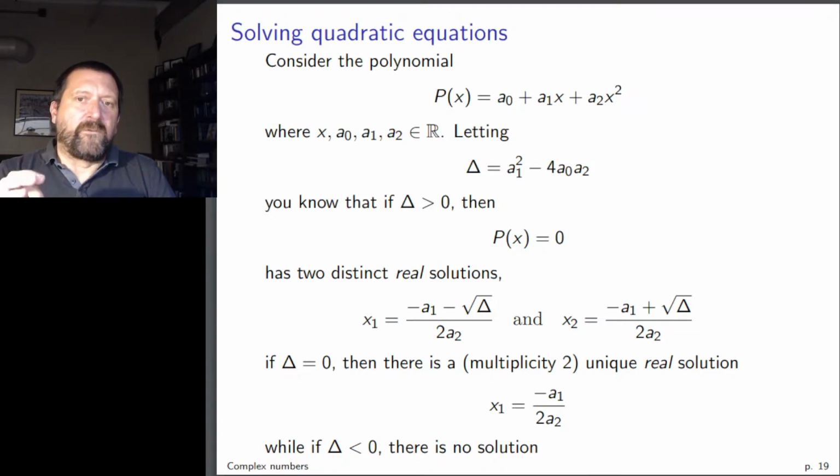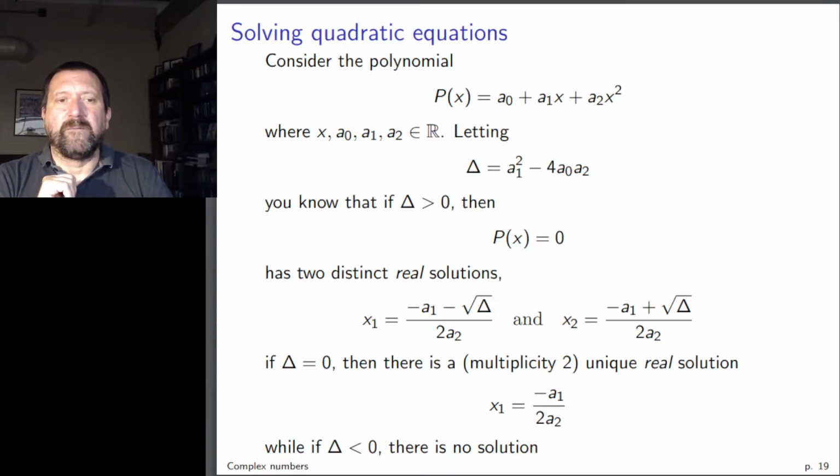What you know from past life probably is that if delta is positive, then the equation p of x equals 0 has two distinct real solutions: x1 equals minus a1 minus square root delta over 2a, and x2 equals minus a1 plus square root delta over 2a.